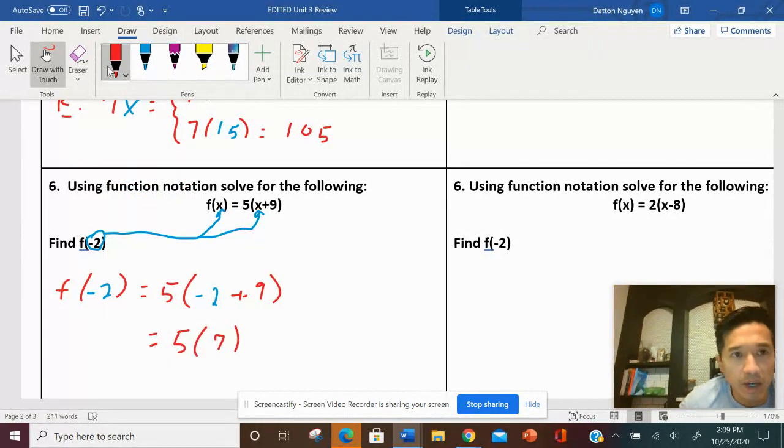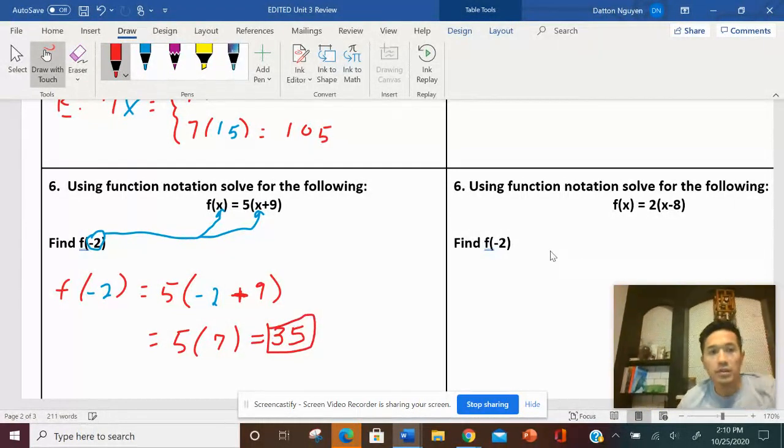Okay, so if I add, this is addition here, sorry, this looks a little sloppy. -2 plus 9, so this is a -2. I'm actually subtracting from 9, I get 7, and 5 times 7 is 35. That's all I have to do.